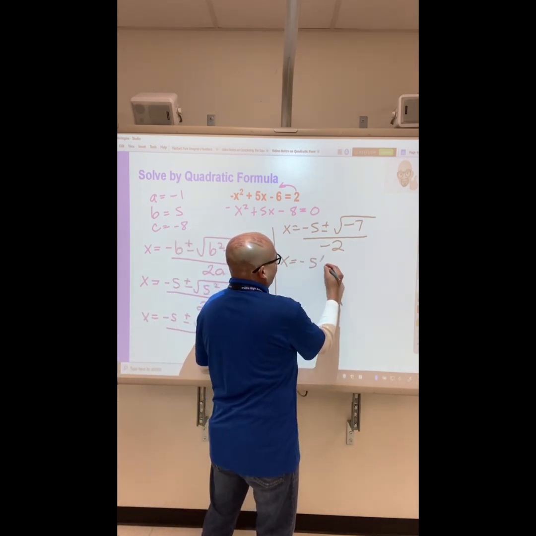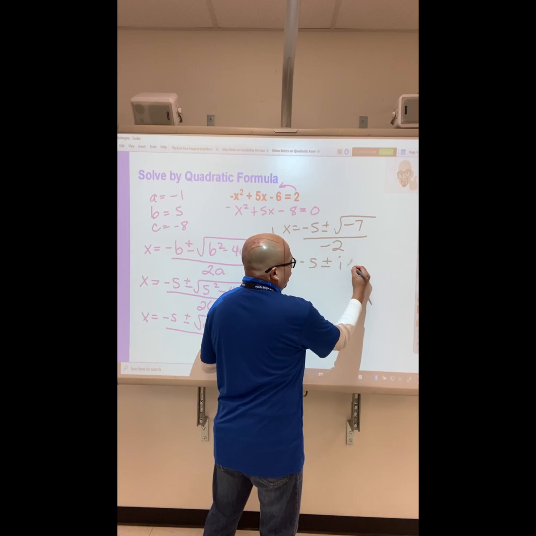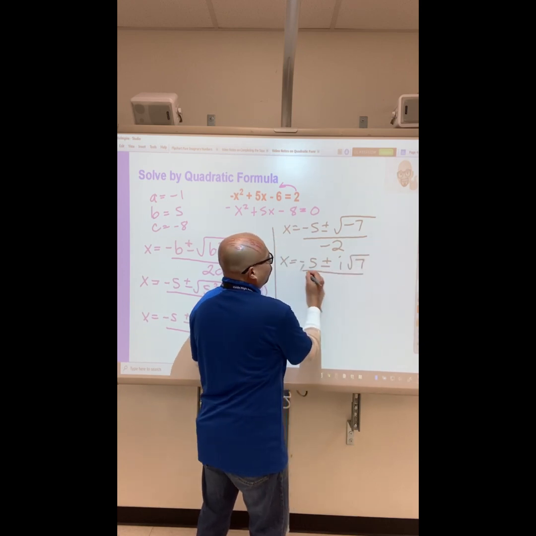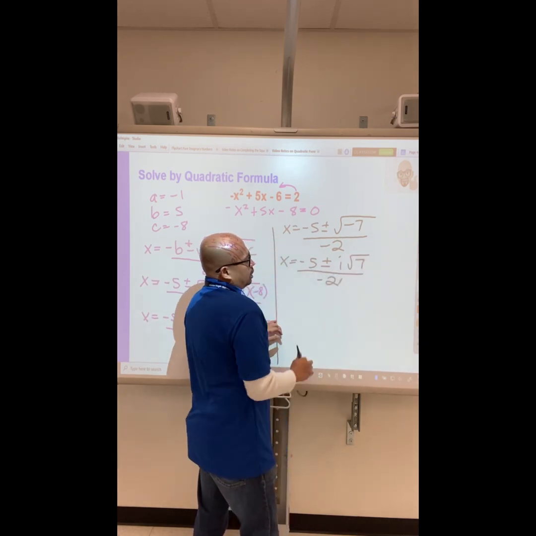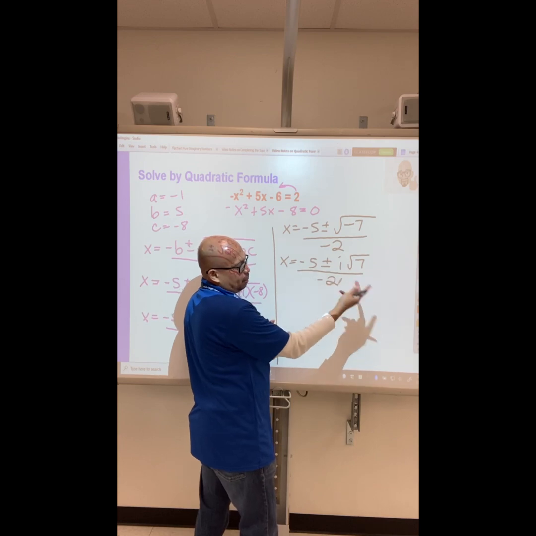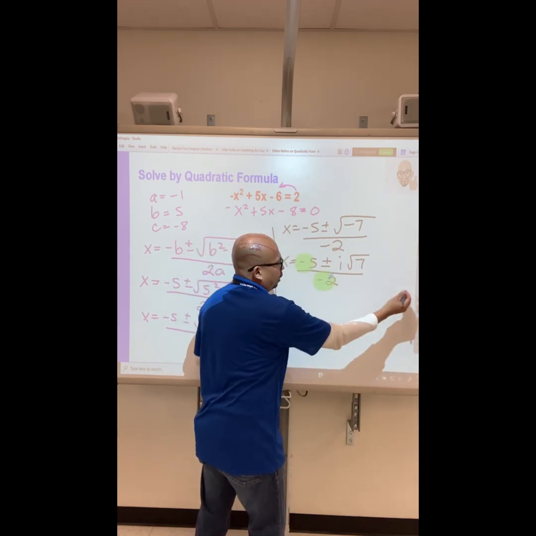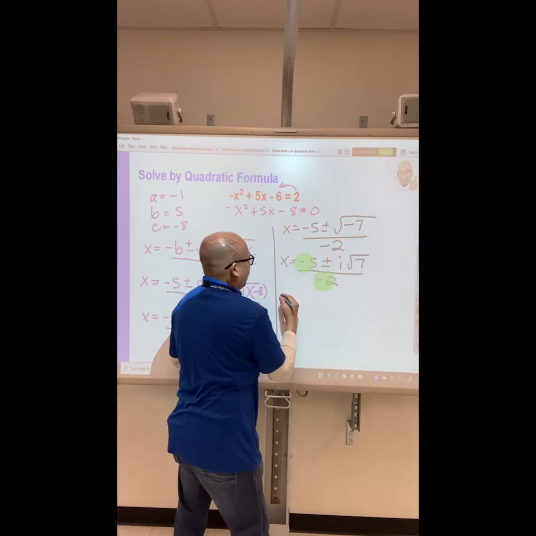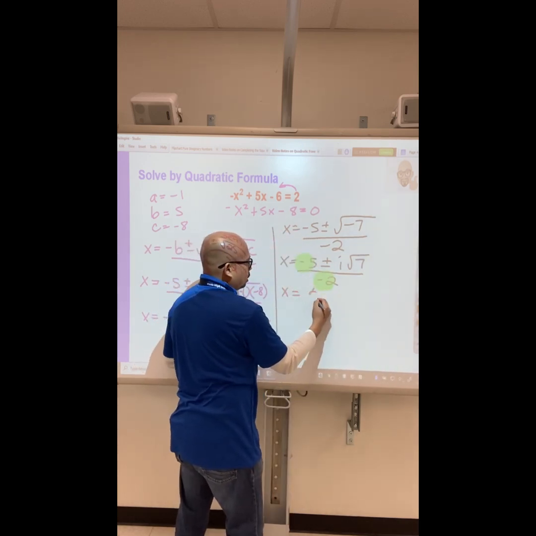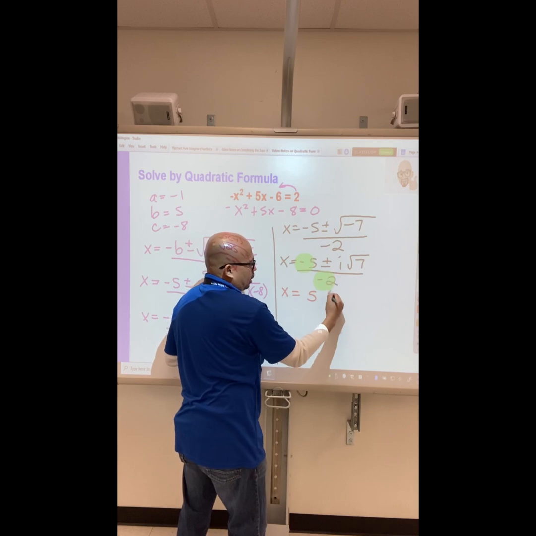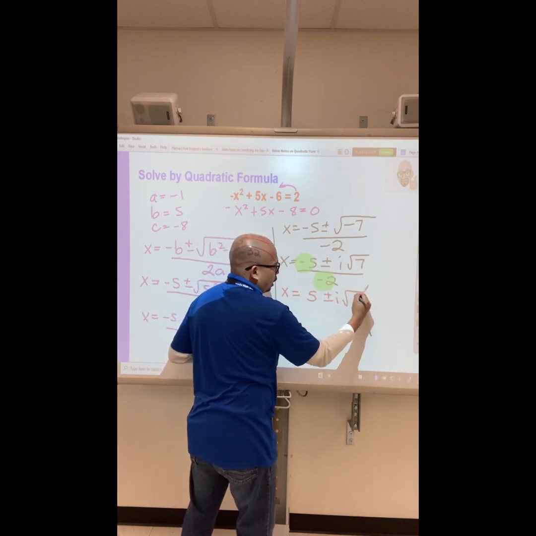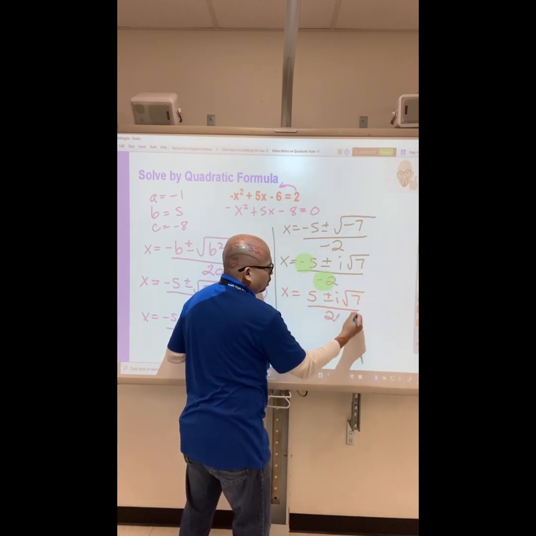So this will be negative 5 plus or minus i square root of 7 over negative 2. We cannot cancel or simplify anything here except negative divided by negative. That will make our answer x equal to 5 plus or minus i square root of 7 all over 2.